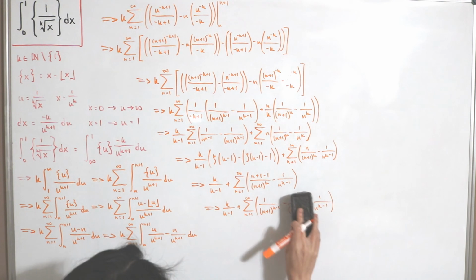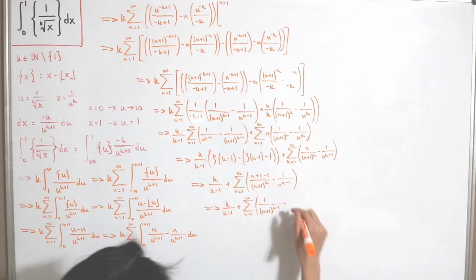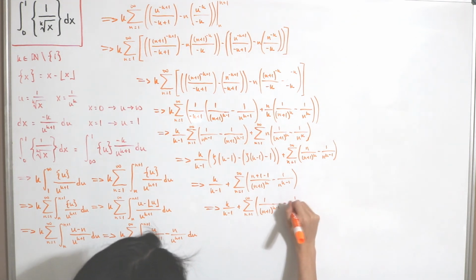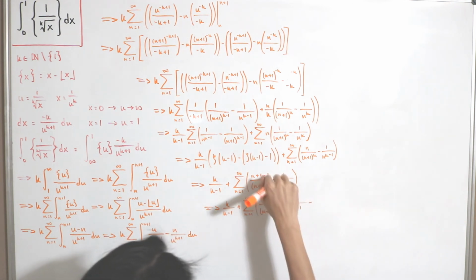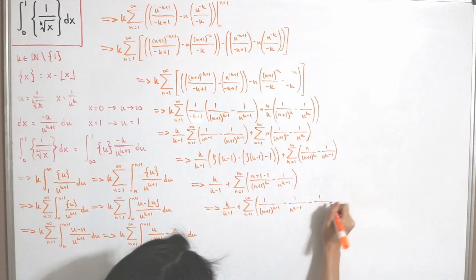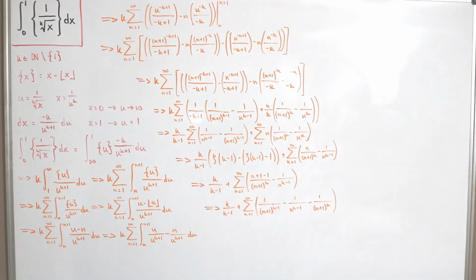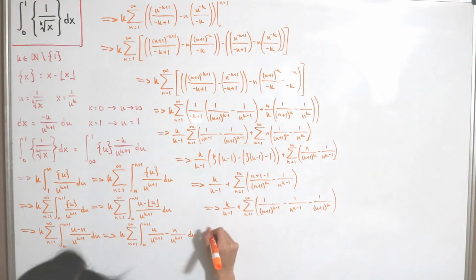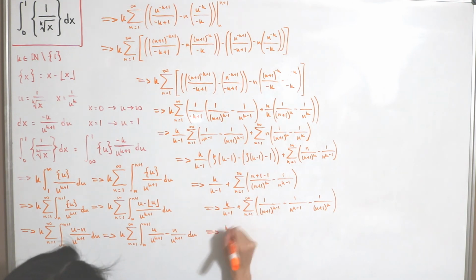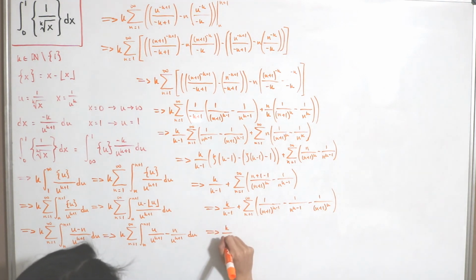Let me actually just do that now. I'm just moving terms. So this is supposed to be n to the k minus 1, and I'll subtract that from over here, and then this is 1 divided by n plus 1 to the power k. Now from here, I'll again use the Riemann zeta function since they have similar notations.